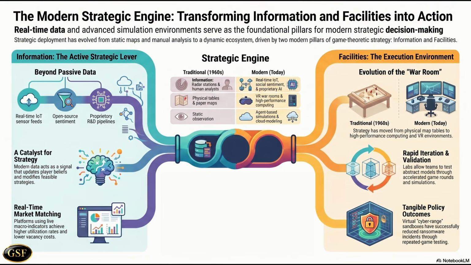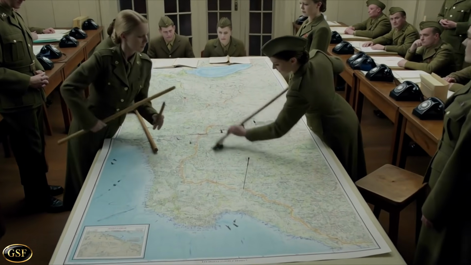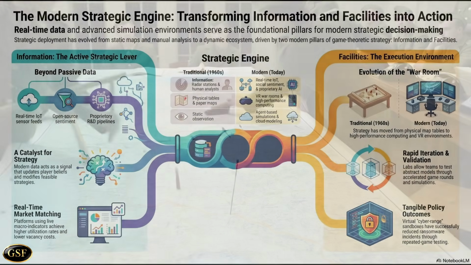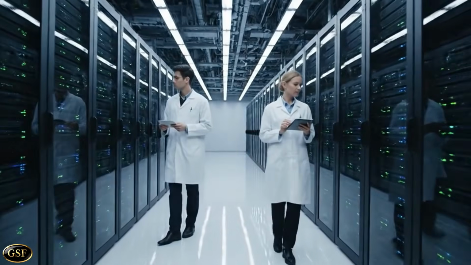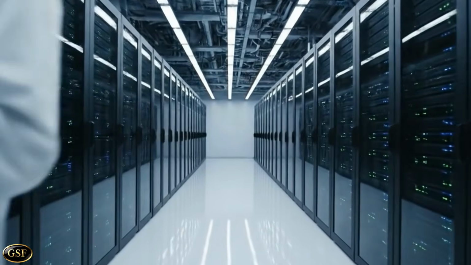Facilities, labs, simulations, and war rooms. The third pillar is facilities. In the early days of strategic studies, war rooms were physical tables with maps and markers. However, now we have high-performance computing clusters for running massive, agent-based simulations.